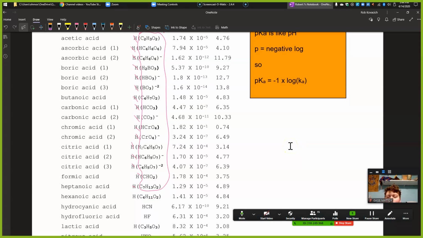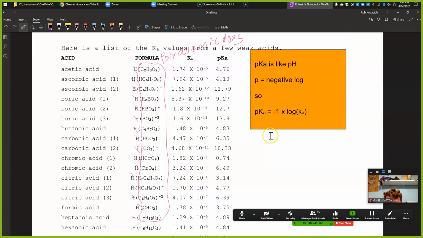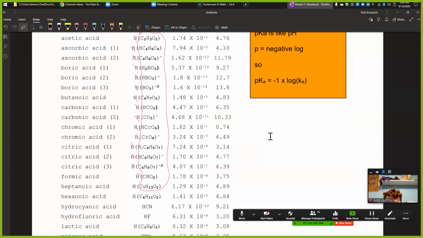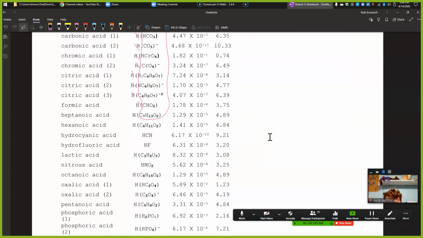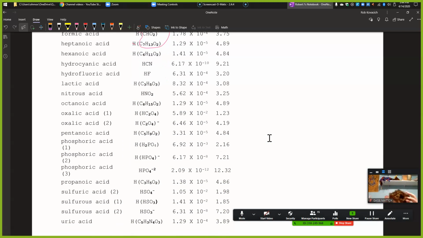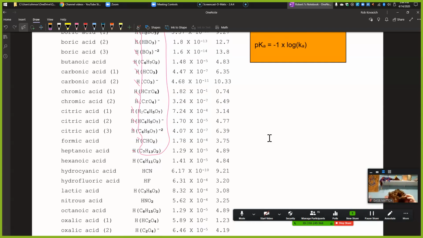So somebody pick a pH. Doesn't matter. 7. Okay. Which of these buffers would be good at buffering at a pH of 7? Chromic acid.